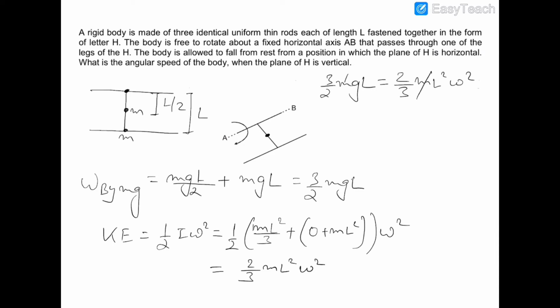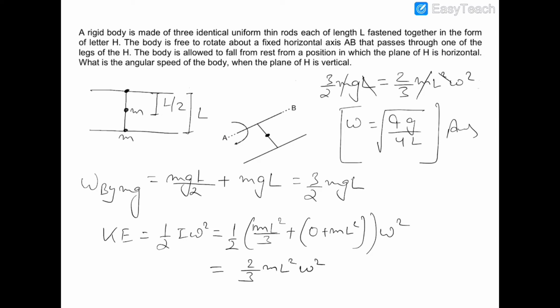So cancelling this m with m, L with L, omega square is equal to 9g by 4L, and hence omega is equal to root of 9g by 4L. So this is the correct answer.